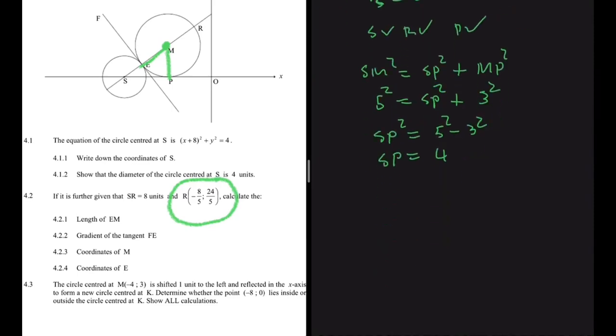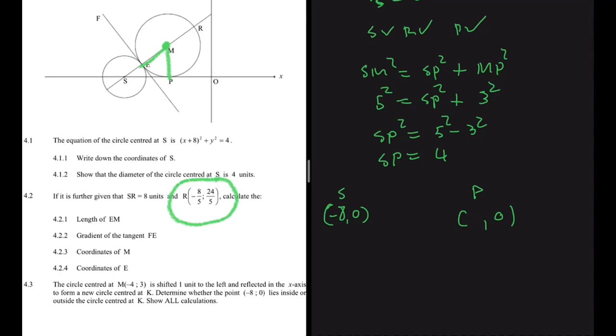But we know that the coordinates of S are minus 8 and 0, right? And then we have P, which has the x value and 0 here. We know that from S to P is 4 units. So what can be the possible x value of P here?